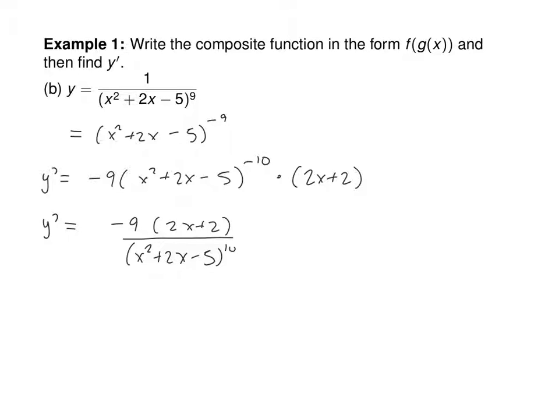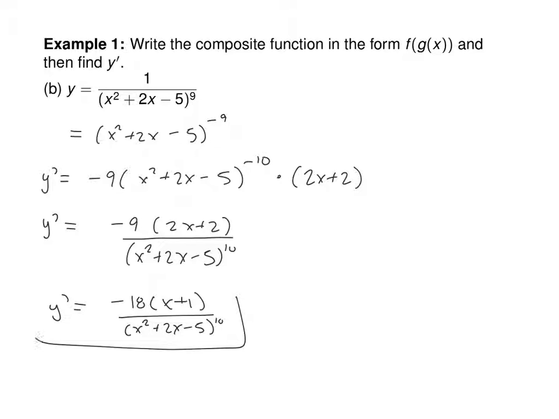Is there anything else we can factor out? The 2. So this could be negative 18(x + 1) over (x squared + 2x - 5) to the 10th. Is that all right? Okay.